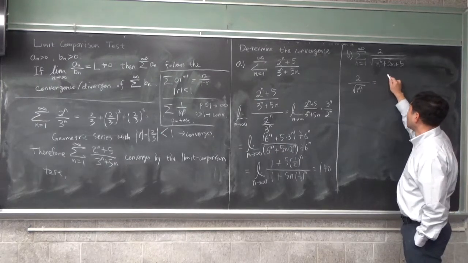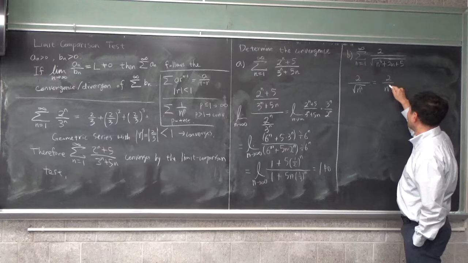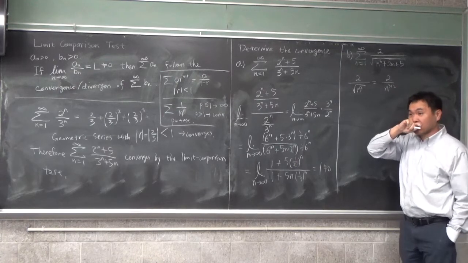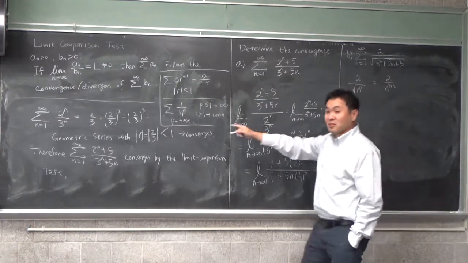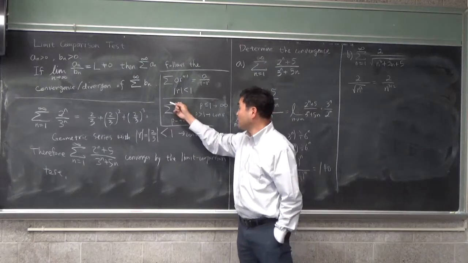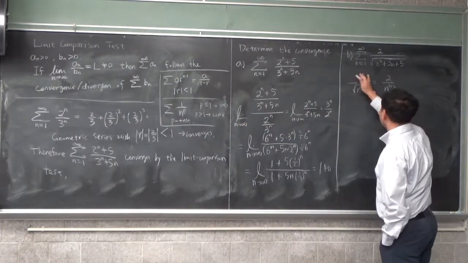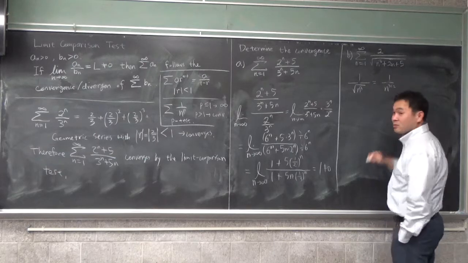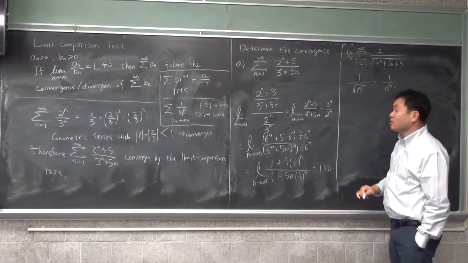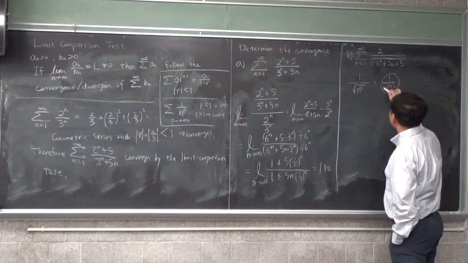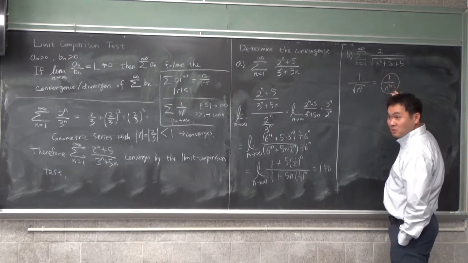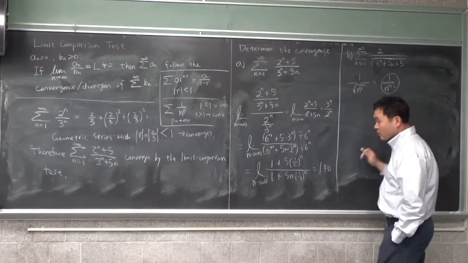But what is that? That's like 2 over n to the 3 over 2. So that's like the p-test. The only difference is that in the p-test you have 1 on the top, so let's just choose 1 instead of 2. So we can compare this one with this one because I know that this converges.